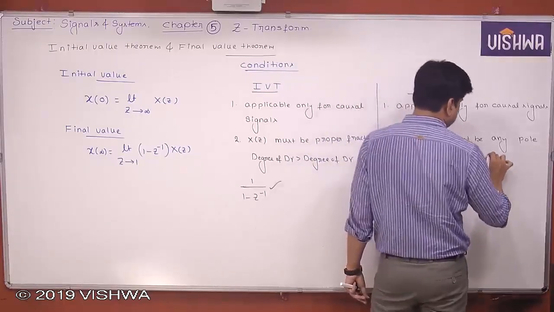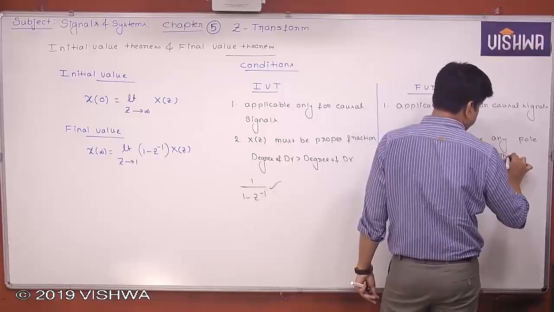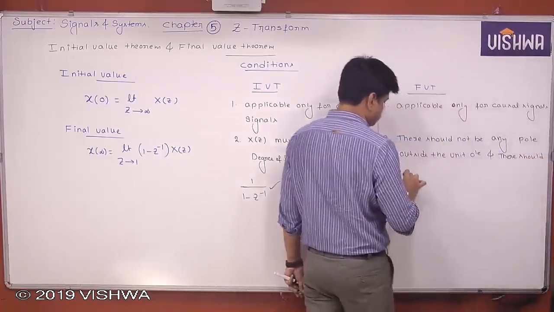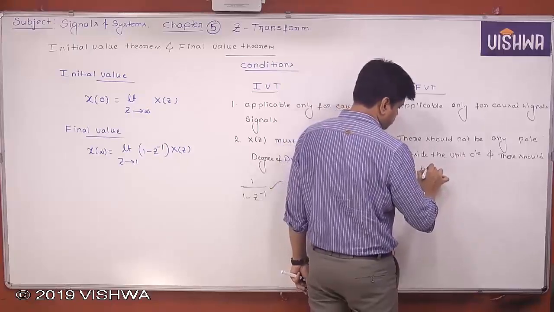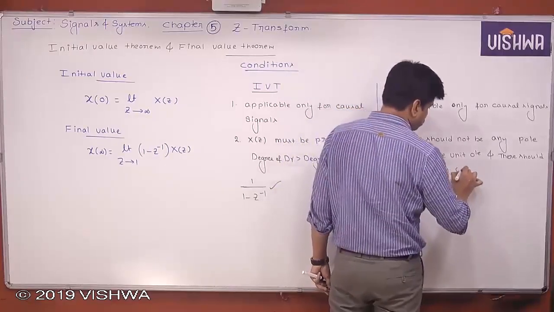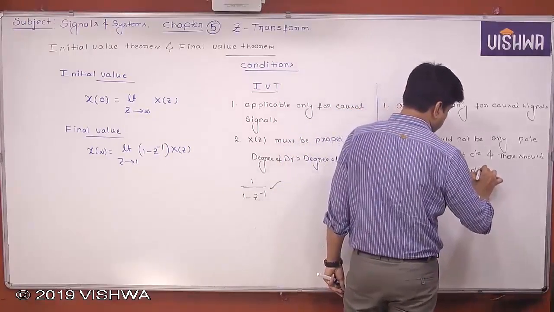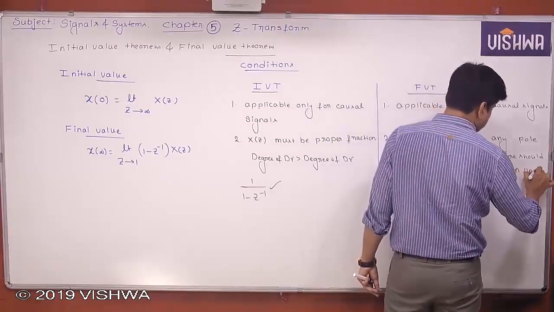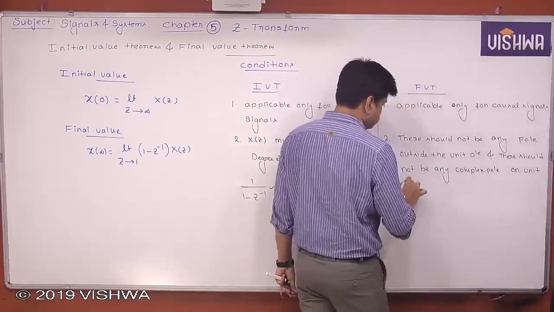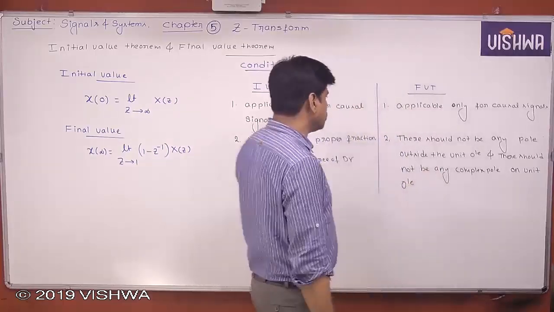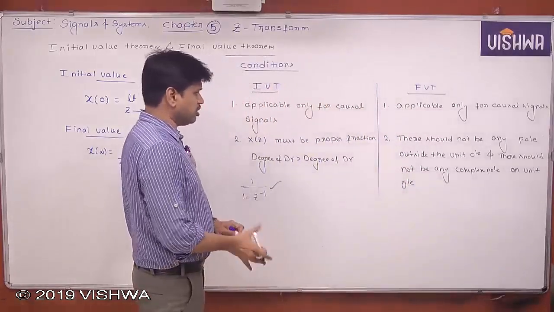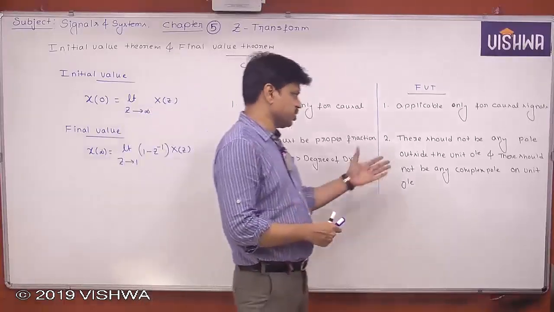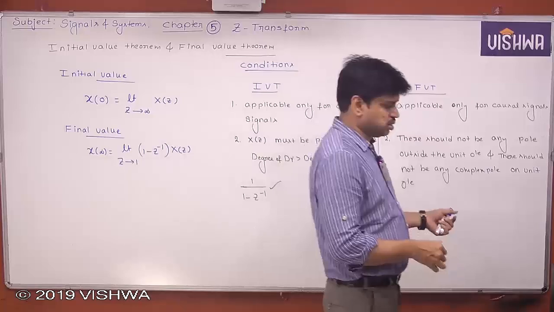And there should not be any complex pole on the unit circle. These two conditions have to be met. So it is similar to the continuous time case, but here we have to take the unit circle as a reference. Okay, take it.